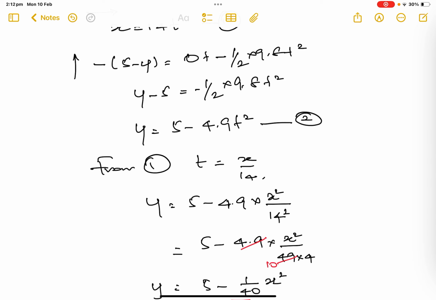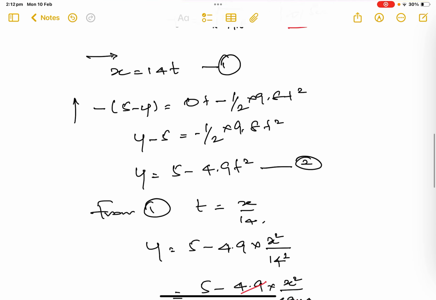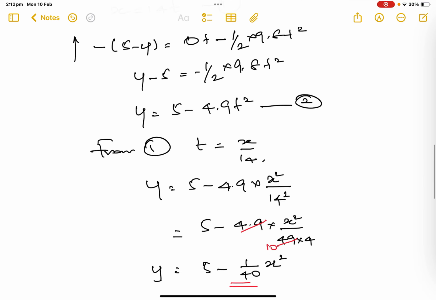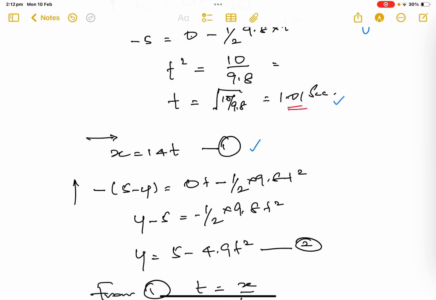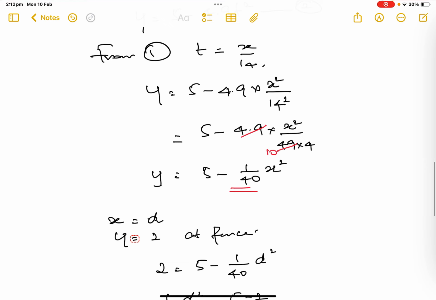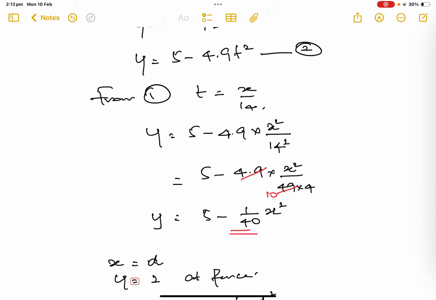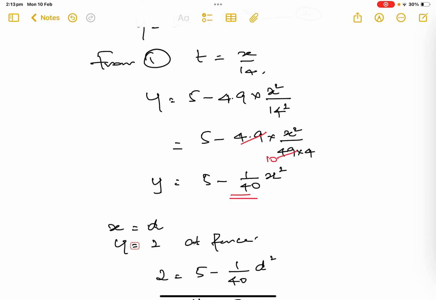From equation 1, x equals 14t, because the horizontal displacement at that point is 14t. That gives t equals x over 14. Substituting that into the y equation, equation 2, y equals 5 minus 4.9 times x squared over 14 squared.